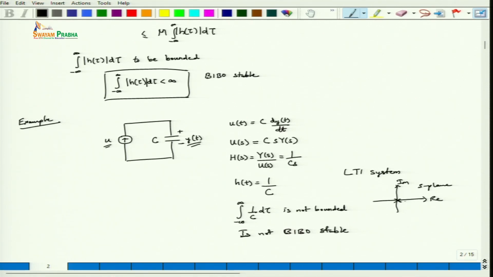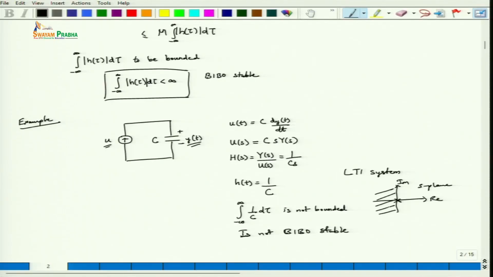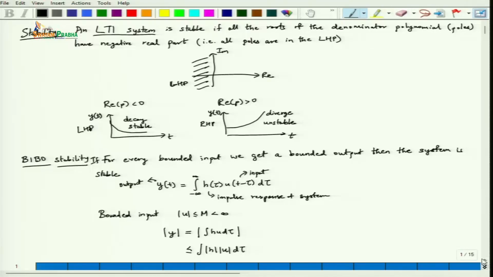So the reason this is not BIBO stable is because there is a pole on the imaginary axis. For BIBO stability of LTI systems, it is necessary that all poles lie in the left half plane. So that is the reason this system with a capacitor is not BIBO stable, because there is a pole on the imaginary axis. So far we have studied stability and then gone into BIBO stability.